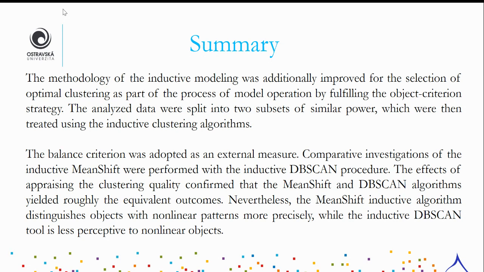I should also admit that the mean shift inductive algorithm distinguishes objects with nonlinear patterns more precisely, while the inductive DBSCAN tool is less perceptive to nonlinear objects. But on the other hand, both algorithms have demonstrated quite a similar outcome, I would say.